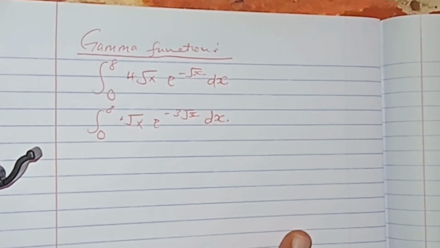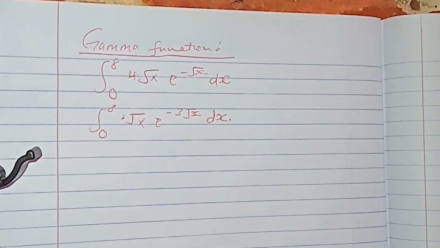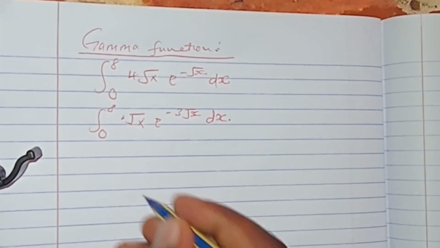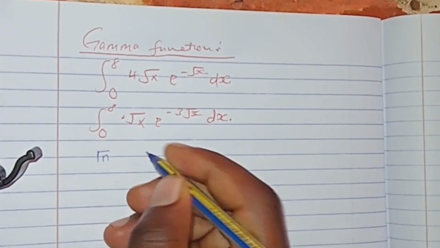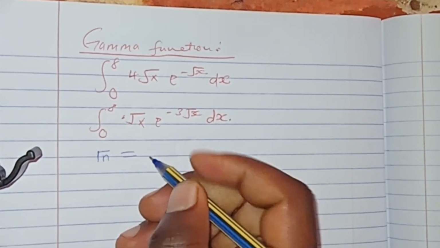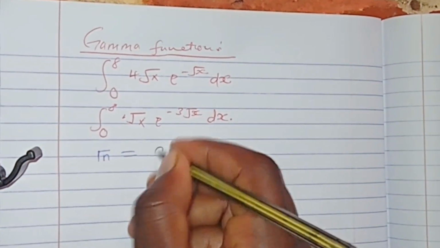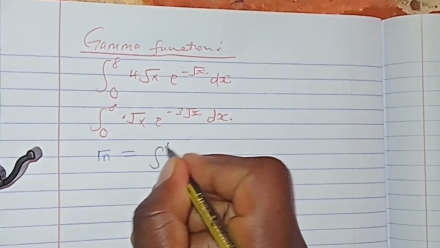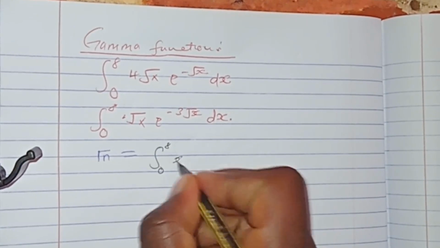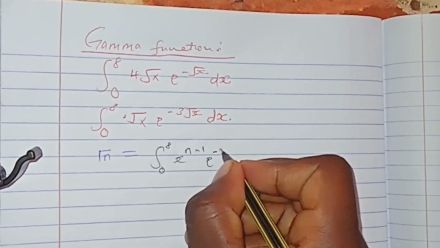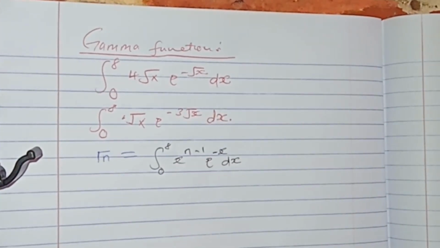Remember that a gamma function is defined by gamma n is equal to the integral from infinity to 0 of x raised to the power n minus 1 times e raised to the minus x dx.